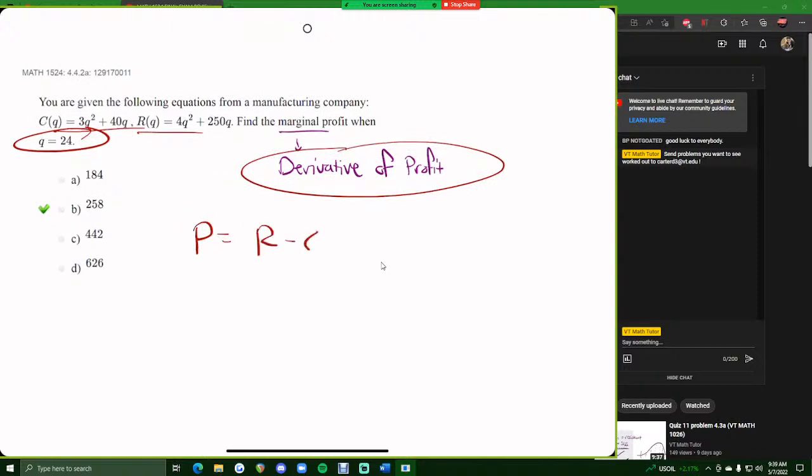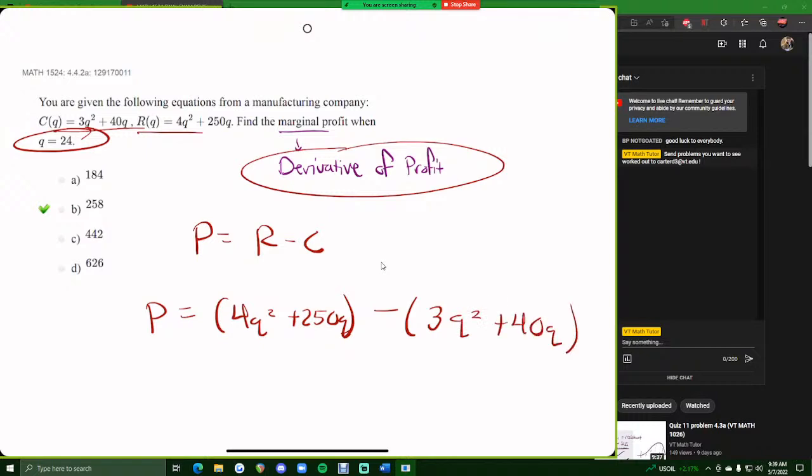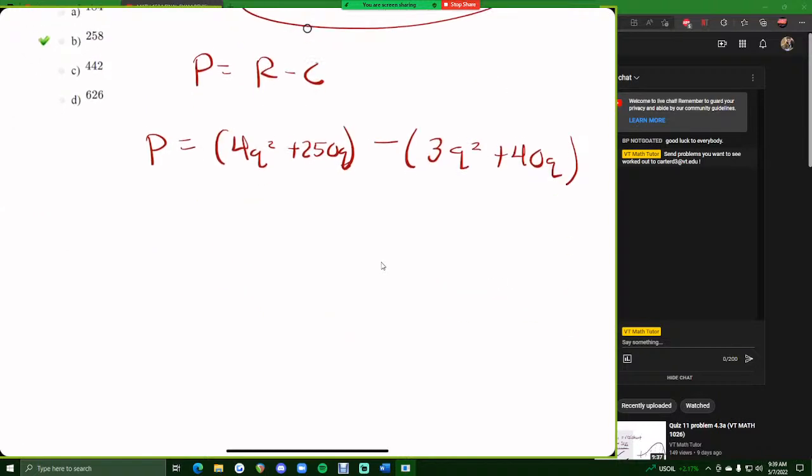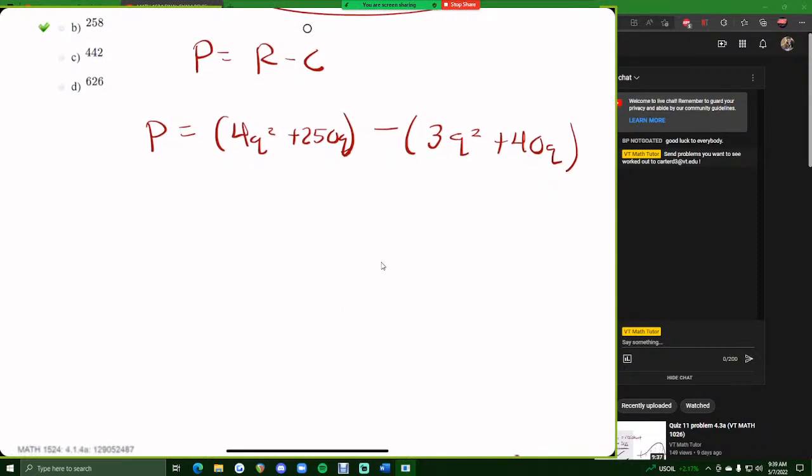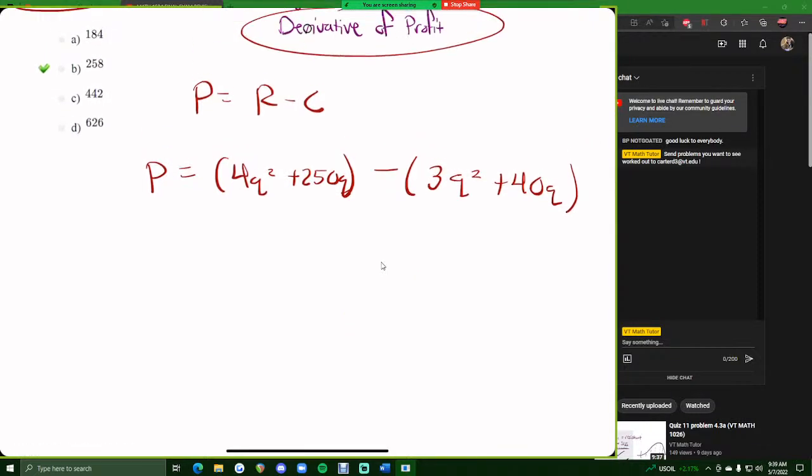Profit is revenue minus cost. So profit in this case is revenue, which is 4Q squared plus 250Q, and then minus in parentheses 3Q squared plus 40Q. So if you wanted to, you could take the derivative of each of these terms first and then subtract them, or you could subtract them first, then find the derivative.